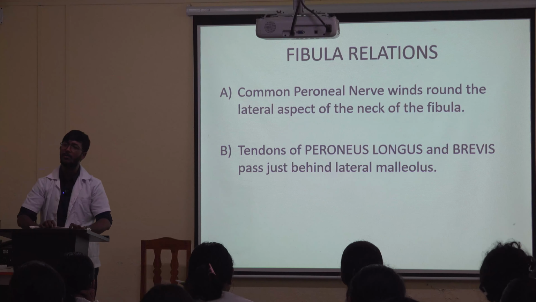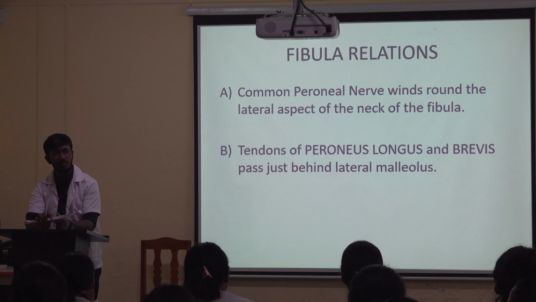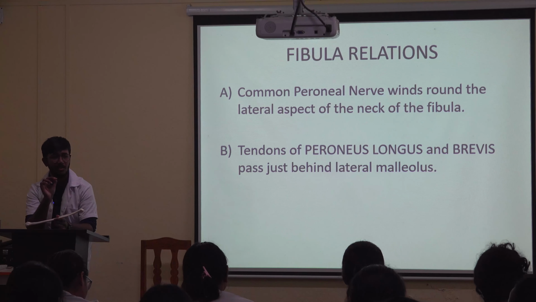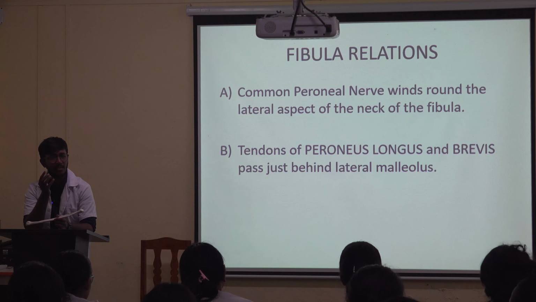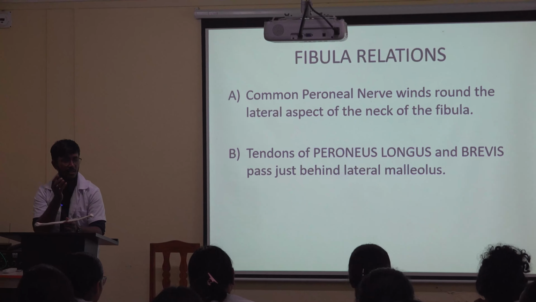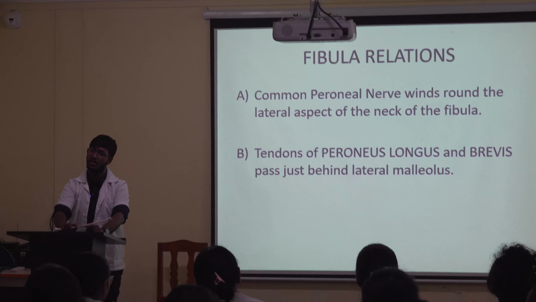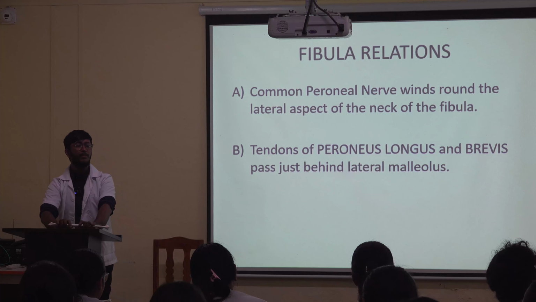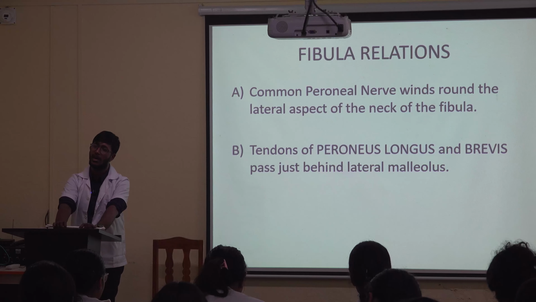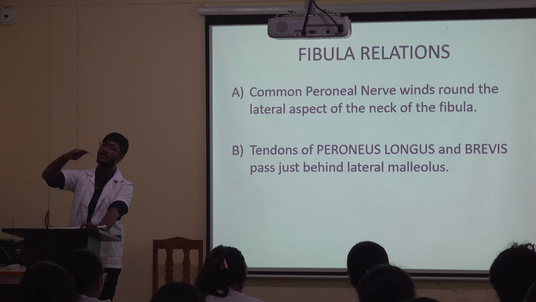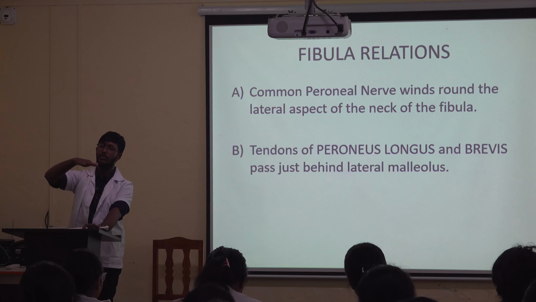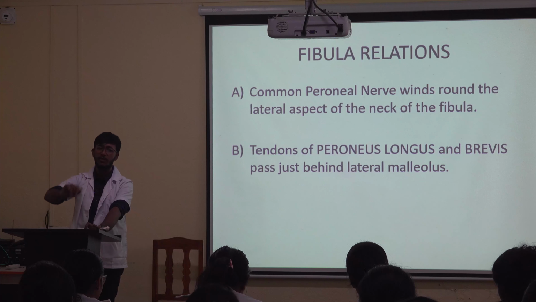Why is this nerve important? Due to two reasons. One, you can easily palpate this nerve on your knee, just adjacent to the knee. And second, if the neck of the fibula gets injured or fractured, the patient will not be able to do dorsiflexion. So there will be foot drop; the foot will drop like this. How to confirm foot drop?